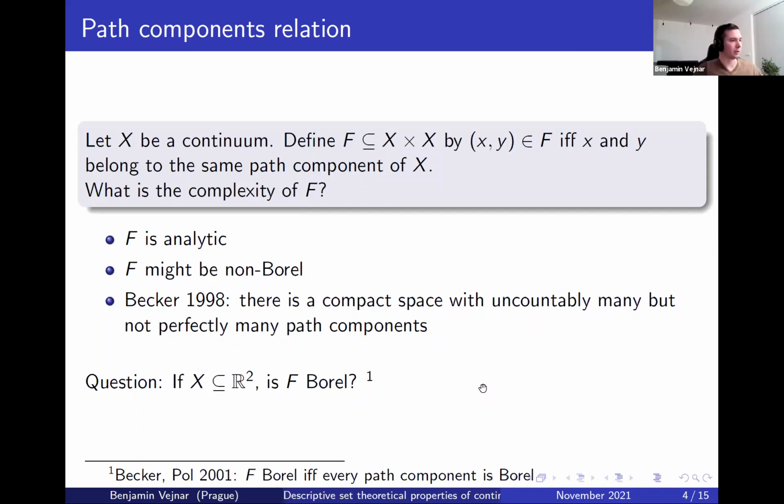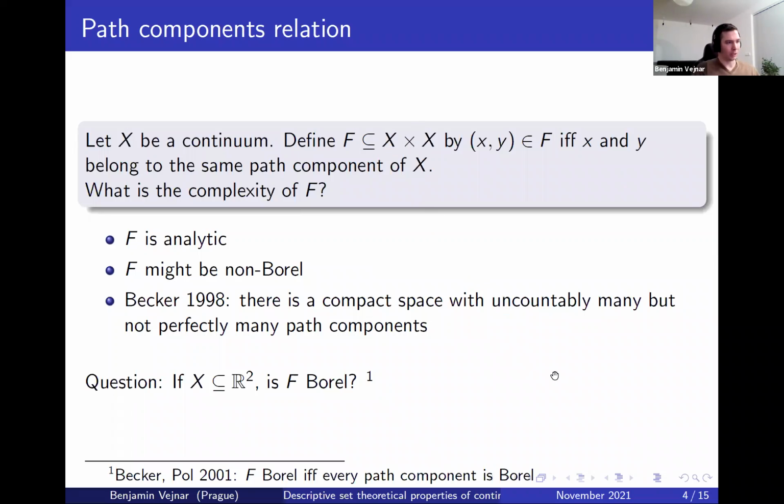Well, but note that in this example and in the previous one, we just studied the equivalence relations and their complexities without reflecting that these really are equivalence relations, because we were just considering this F, and on the previous slide, this relation E, just as a subset of this product space. And we just consider their, say, Borel complexity, or whether it is an analytic or co-analytic set in this product.